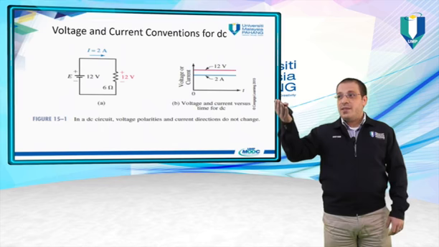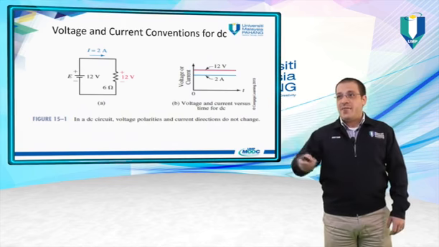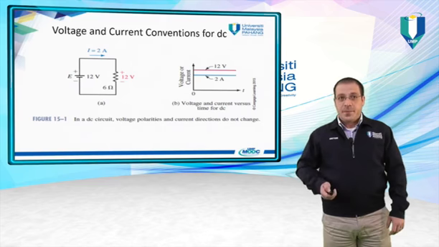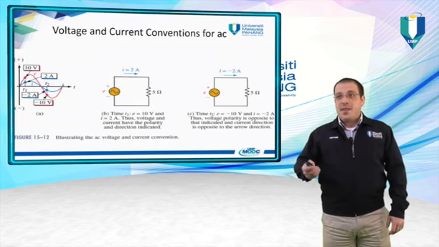In this graph, you can see the current and the voltage are always in one direction, positive or negative. If the current is in the direction from the positive pole of the battery to the negative pole, it's always positive. The same applies in AC, alternating currents.